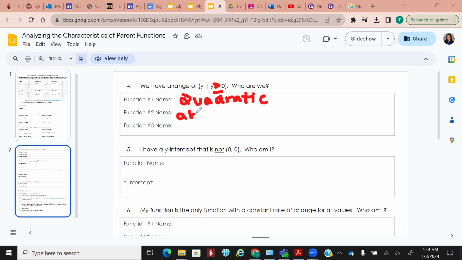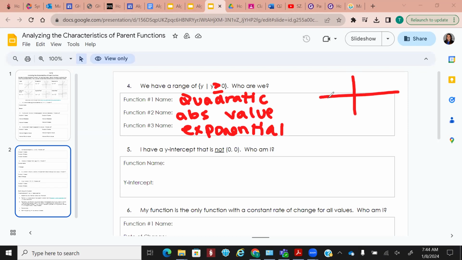One of them is absolute value. And the last one is exponential. You're right. Now for range, what you want to do is look at the graph and go, okay, my range is greater than 0. So it has to be above the x-axis.